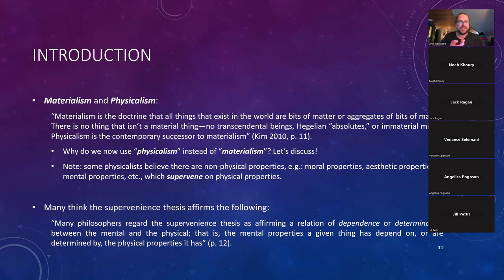So in the early modern period, with thinkers like Descartes, Thomas Hobbes was a very famous materialist thinker as well. Descartes is a materialist when it comes to physical stuff, but not when it comes to the mind. The mind is non-material. But Descartes' res extensa, his extended substance, that is material.